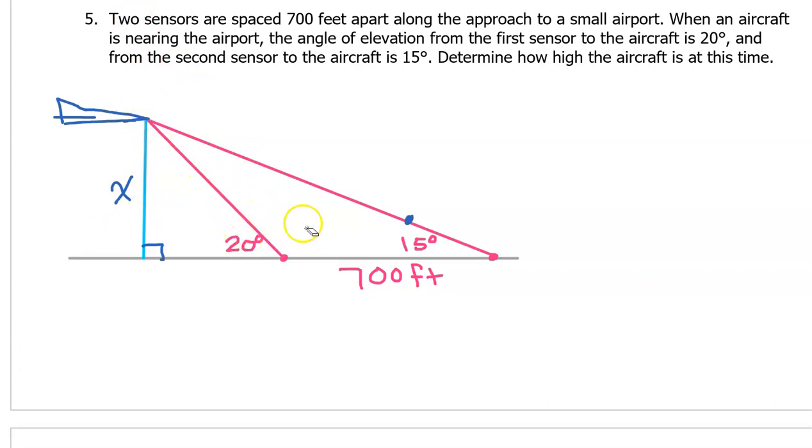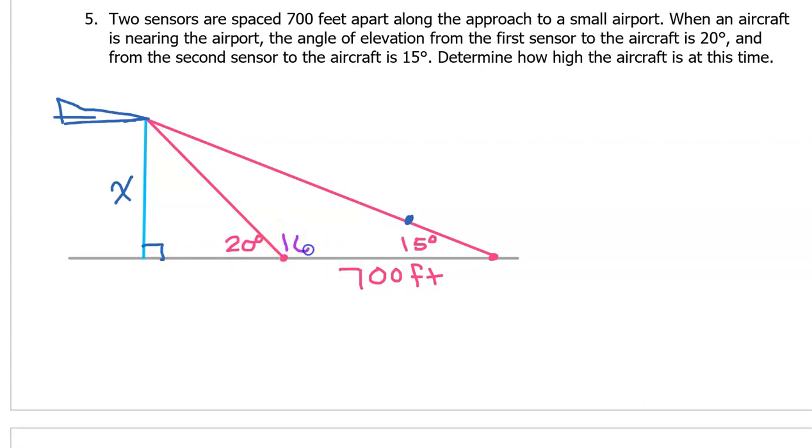But I can use the law of sines to find out the length of this side. First things first, if this angle on the left is 20 degrees, I should be able to very easily find the angle on the other side because we're talking about a straight line. Together they have to form 180 degrees.